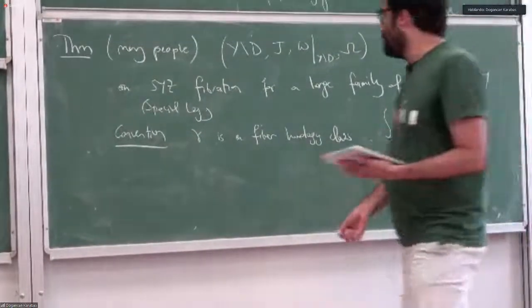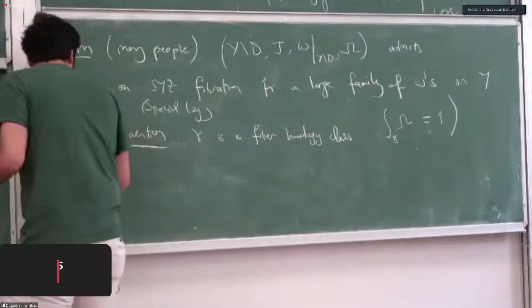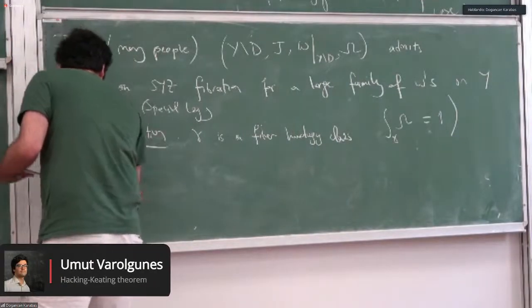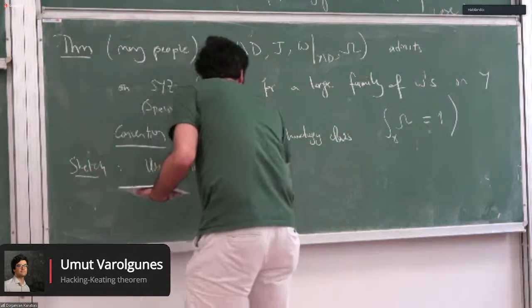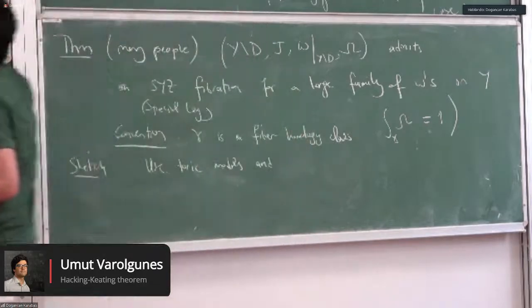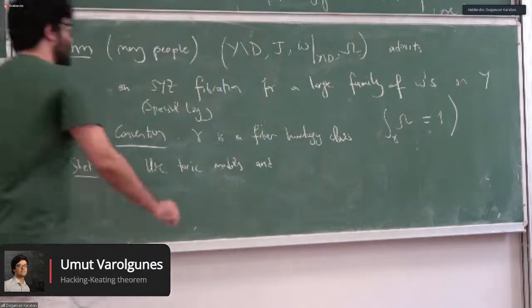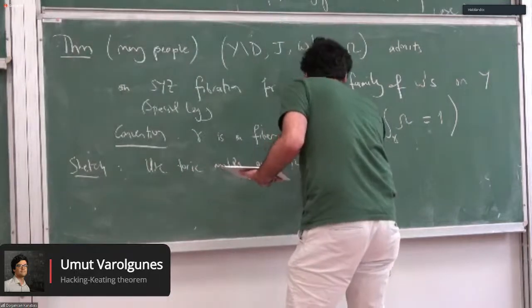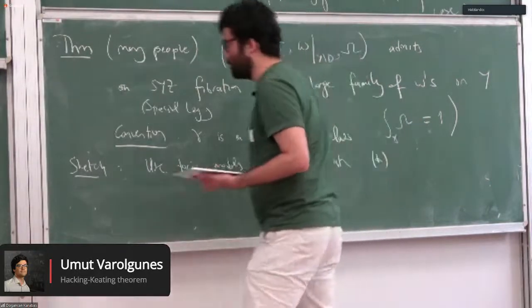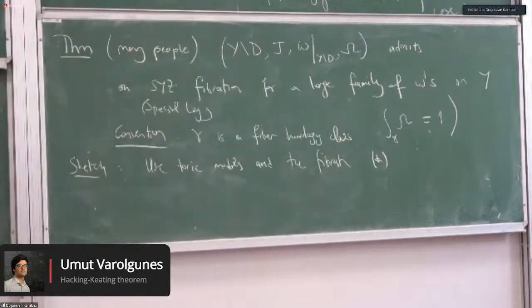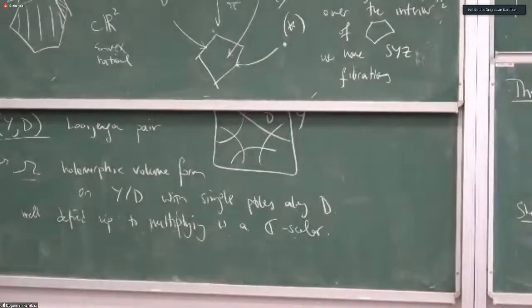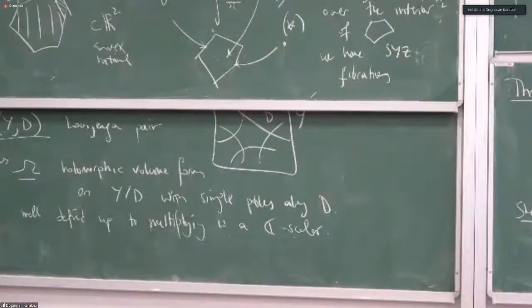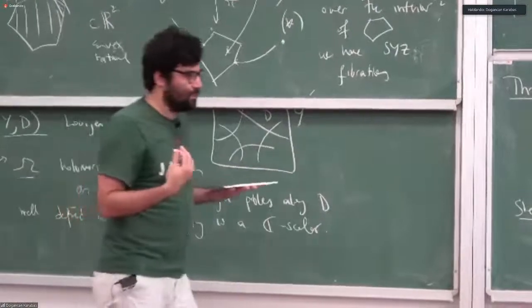I'm not going to say too much about how you prove this theorem, just a sketch with some steps. First of all, we're going to use toric models, and this fibration, star. In the previous lecture, I told you that if you do point blow-ups along Kähler manifolds, then you can construct Kähler structures with the previous Kähler structure outside of some neighborhood of the exceptional divisor.